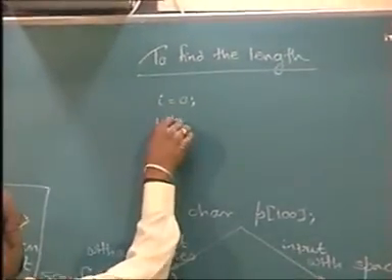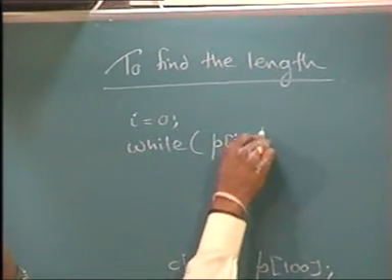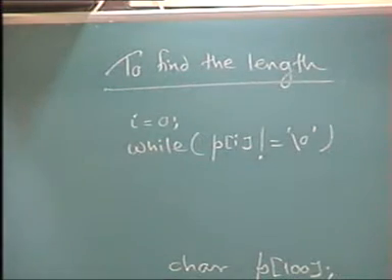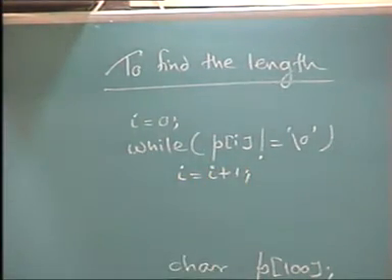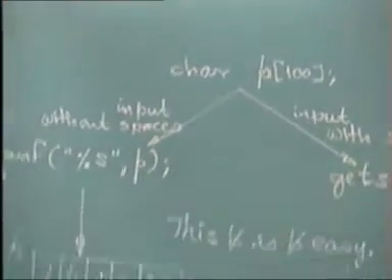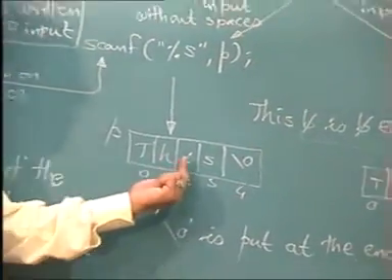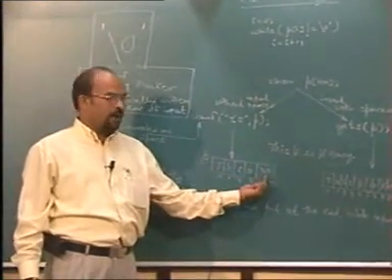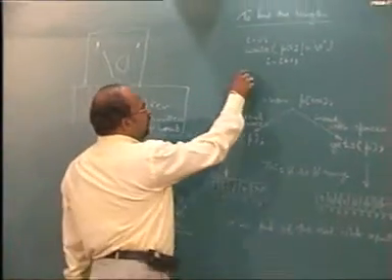While the character at position i in array p is not equal to backslash 0, go to the next position. So I check: i is 0, p of i is t, not equal to backslash 0, condition is true, we go to the next character. h not equal to backslash 0, i not equal to backslash 0, s not equal to backslash 0, i becomes 4, p of i is backslash 0, not equal to backslash 0 is false.